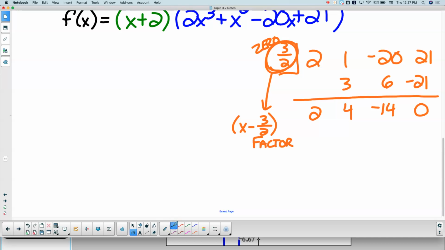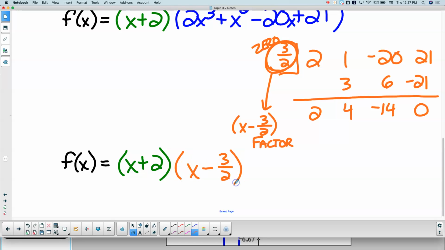So now I can write f of x as x plus 2 times x minus 3/2 times what? 2x squared plus 4x minus 14. Do I have a way to factor 2x squared plus 4x minus 14?